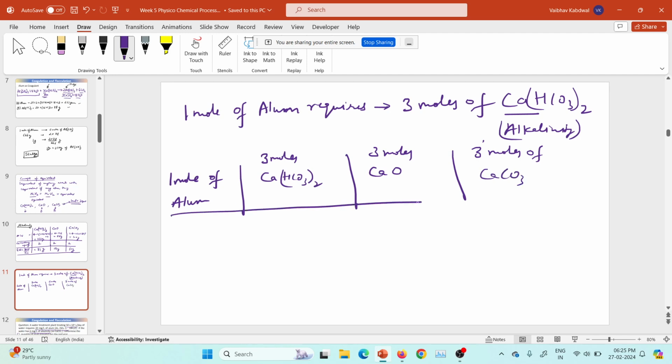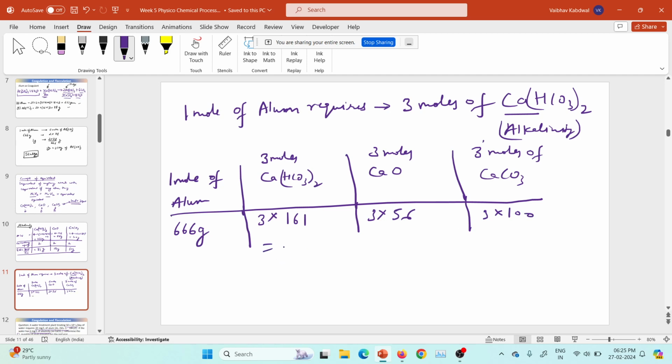Correct? And you can write like 3 into 1 mole is 666 grams of alum. 3 into how much? 161. 3 into 56. 3 into 100.